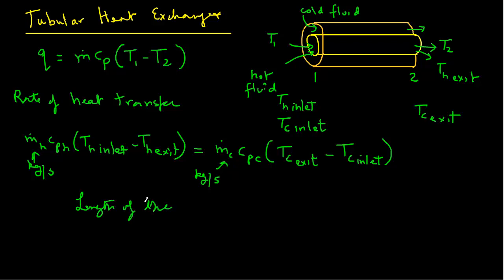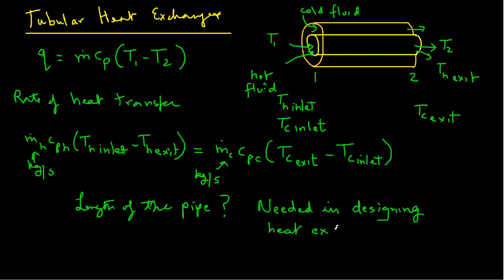Now that is an important term, the length of the pipe, because that allows us to design a heat exchanger. By design we mean how long should a heat exchanger be for a given heat transfer from, say, a hot fluid to a cold fluid. For that we will look at a separate module to see how the mathematics for that is developed.